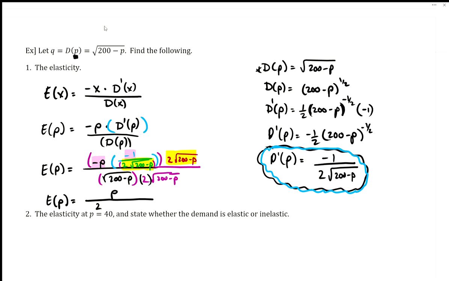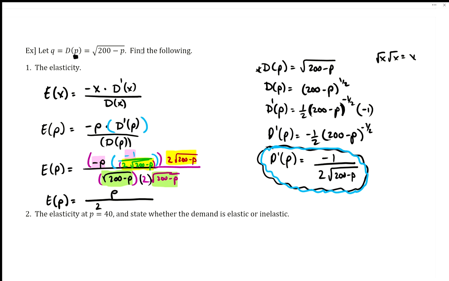And then notice these two, let's do another highlighter. Let's do it in green. These two are the same thing times themselves under a square root. Remember, if you have a square root times a square root and everything in it is the same, like square root of x and square root of x, that would be just x.